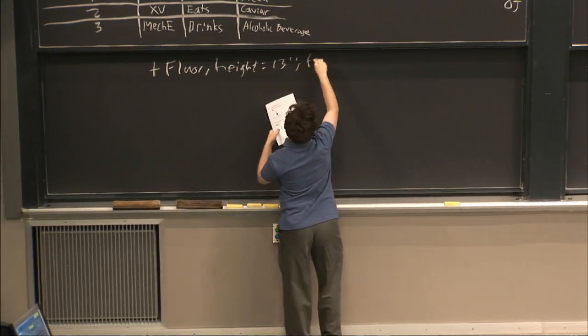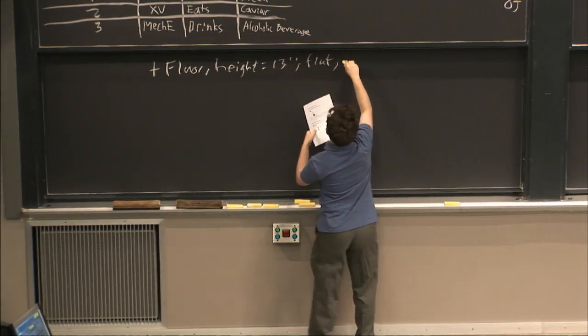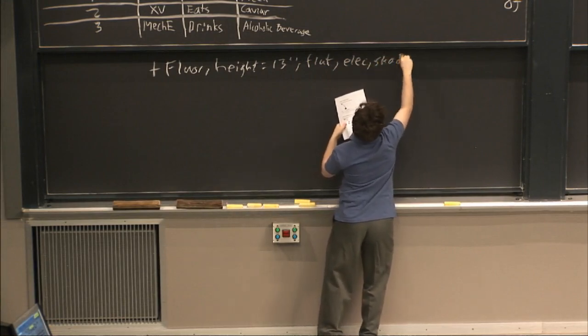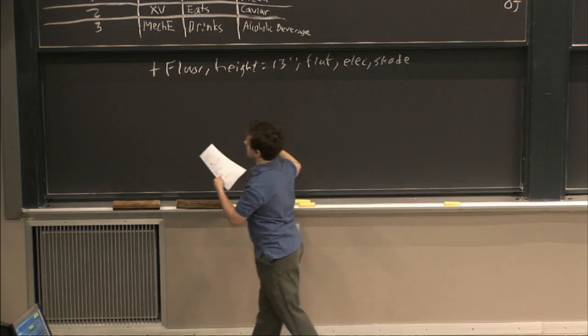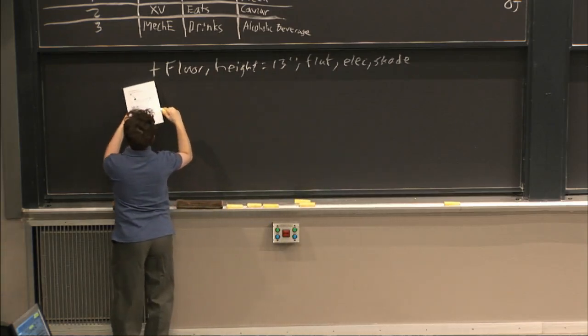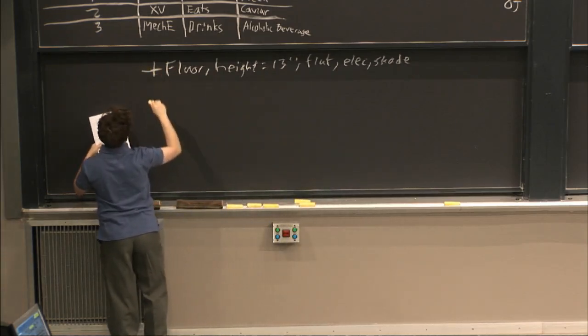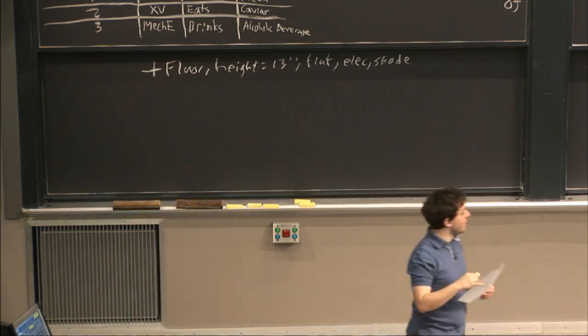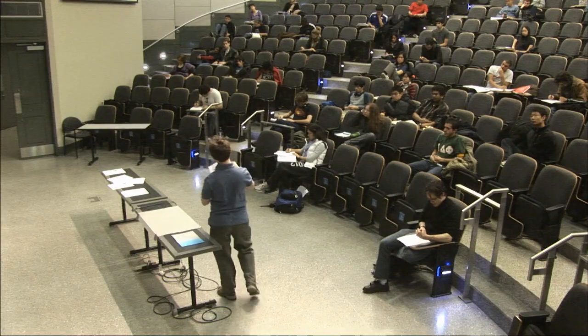Flat base. Electric. Shade. Okay? And yeah, as I put here, it's a hit. So, as you guys have told me countless times, so I believe you that you remember, we're going to generalize for the hit.